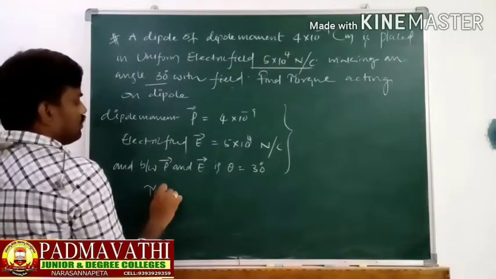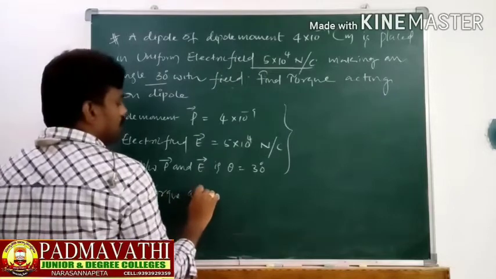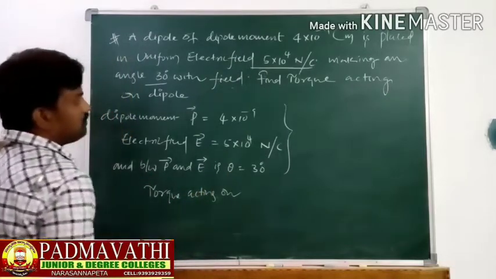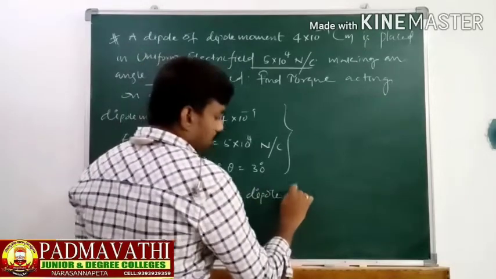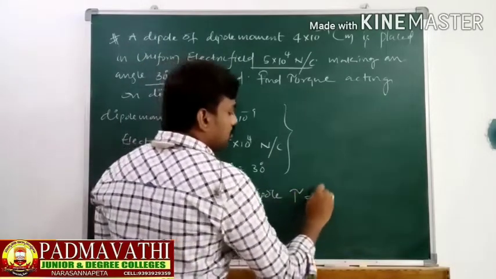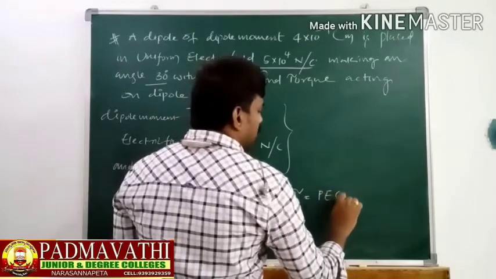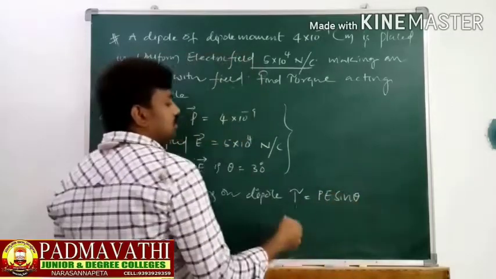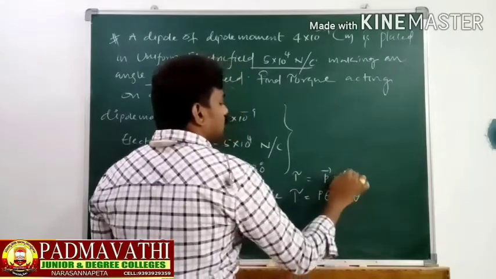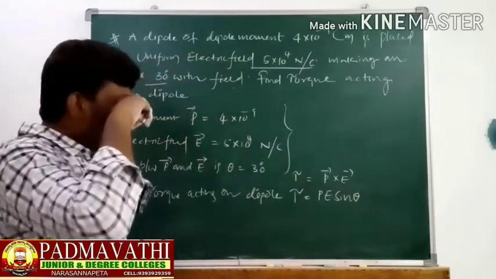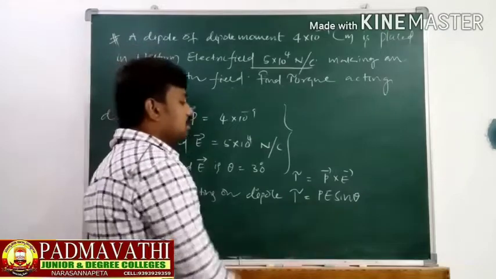The torque acting on the dipole is given by tau bar equals P bar cross E bar, which is further written in terms of P E sin theta.